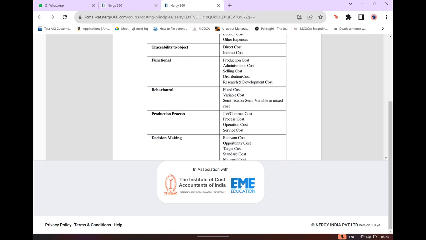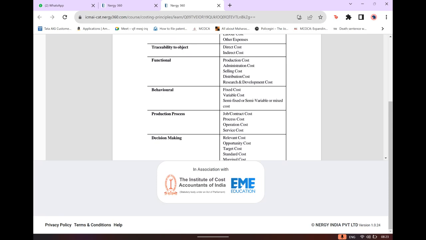Then you have variable cost. In variable cost, the per unit variable cost is fixed or constant, whereas the total variable cost will vary with the level of production. As and when the level of production increases or decreases, the variable cost will alter, because per unit will be fixed, whereas in totality it will vary depending upon the production level. Then semi-variable, semi-fixed or mixed cost we can call it.